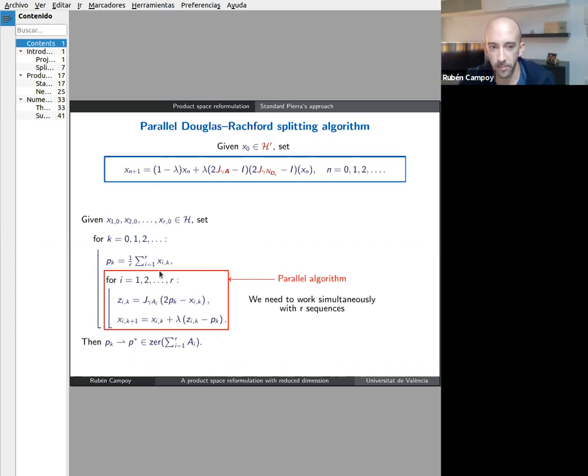In order to compute the next p_k, we need to store R sequences. This is what is recently called the R-fold lifting of the algorithm. It's like in which dimension our algorithm lives. So this is the implementation in the product space. With R operators, we need R-fold lifting.